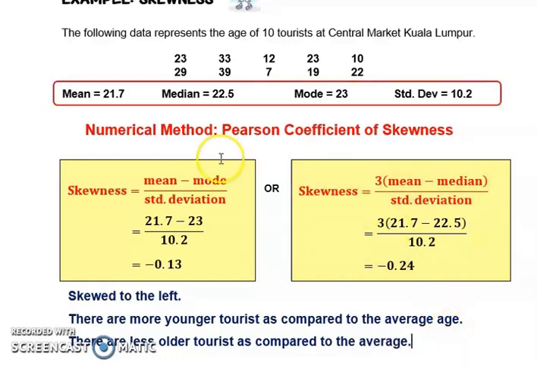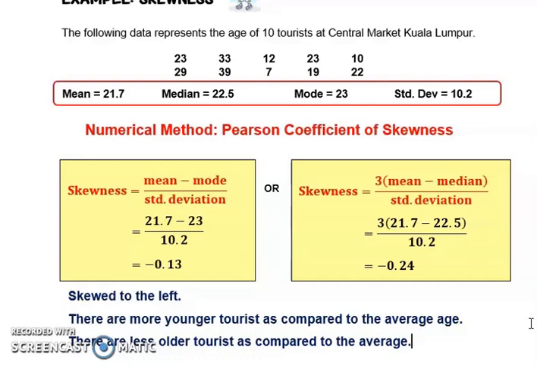The average just now is 21.7, which means tourists who are younger than 21.7 are more, but we also can say that tourists who are older than 21.7 are fewer. So that's how we calculate the Pearson coefficient of skewness.